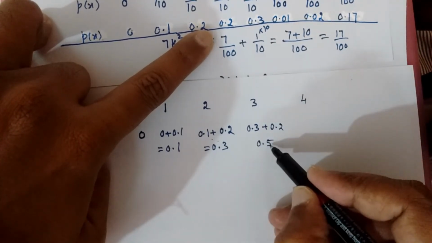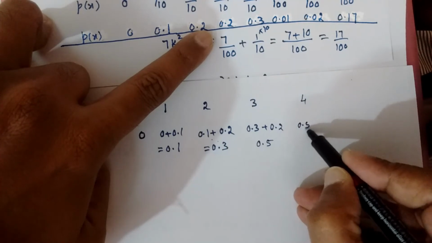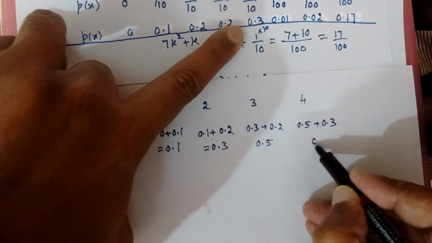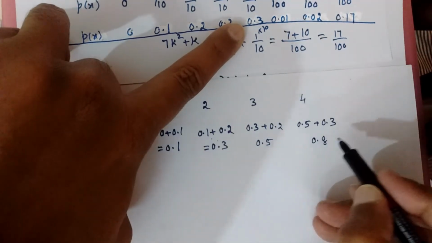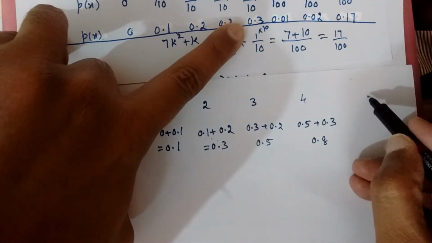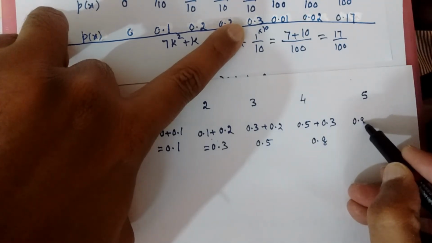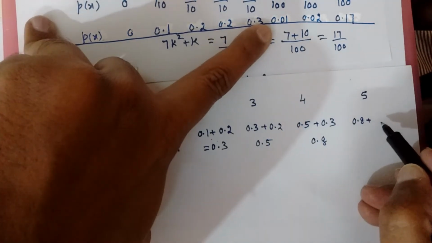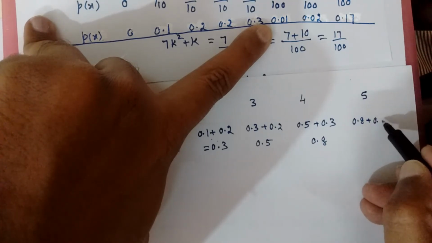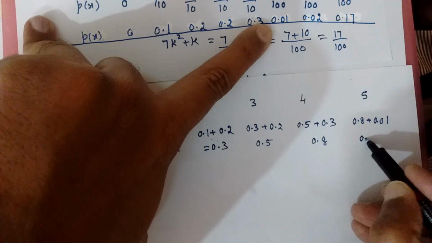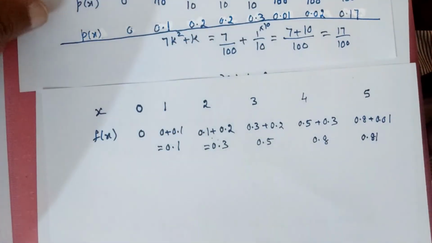Next 4, the previous sum is 0.5, plus the present value is 0.3. It gives rise to 0.8. Next we have 5. The previous sum value is 0.8, plus at 5 it is 0.01. That gives rise to 0.81.